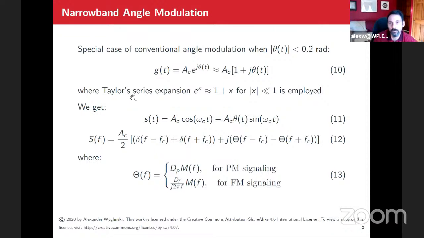Because I could use Taylor series expansion. So I can approximate e to the x by this expression if x is much smaller than 1. In this case, if x is 0.2 rads or smaller, I'm in business. That is super cool, because then what's the Fourier transform of this? First of all, what is the passband?